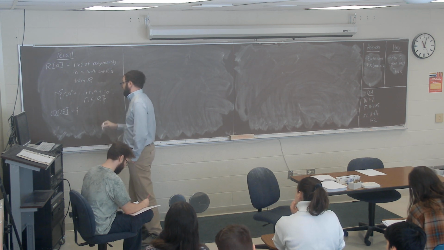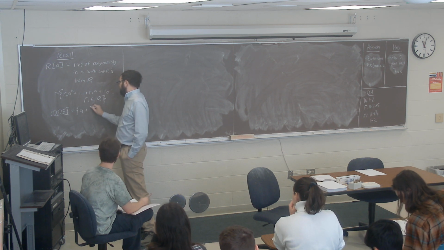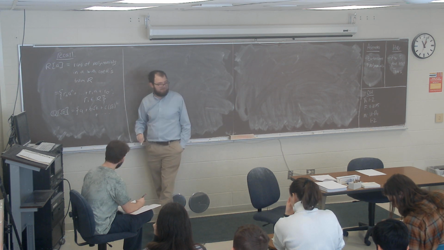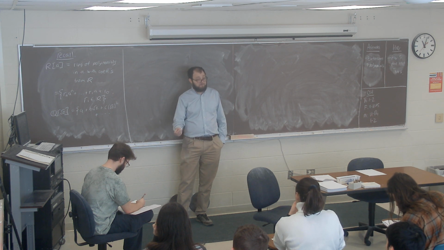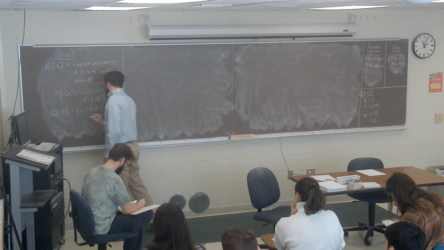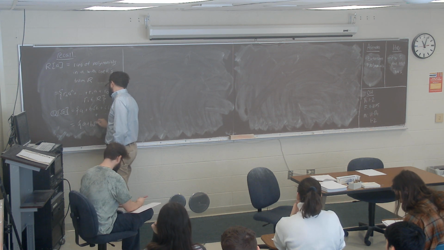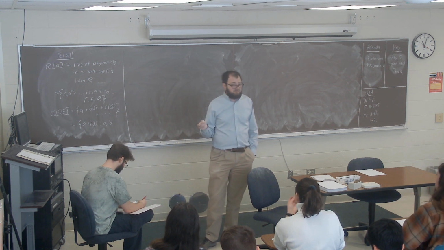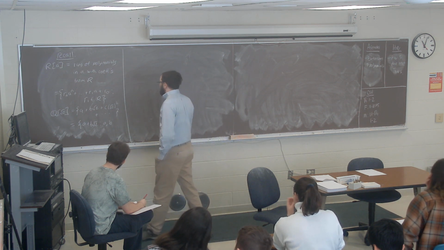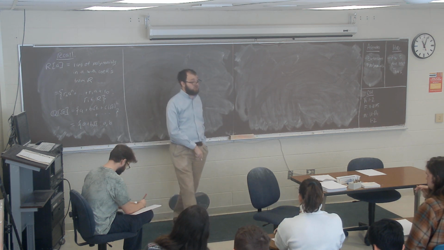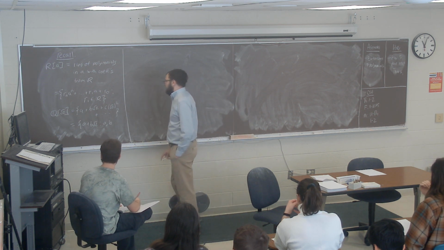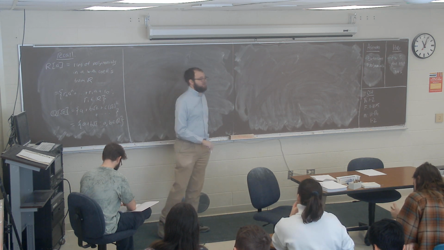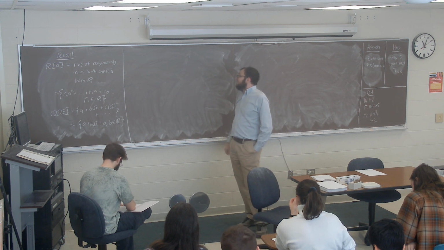You have polynomials of the form a plus b square root of 2 plus c square root of 2 squared plus ..., but that simplifies down to just things of the form a plus b square root of 2, because once you square the square root of 2, it becomes rational again. So any polynomial in terms of square root of 2 over the rationals simplifies down to a plus b square root of 2, where a and b are rational numbers. We talked about that towards the end of class last time.